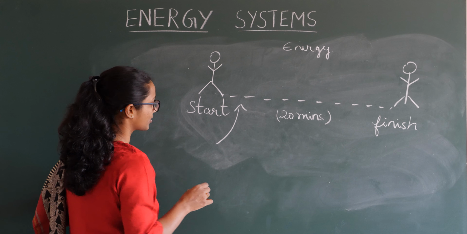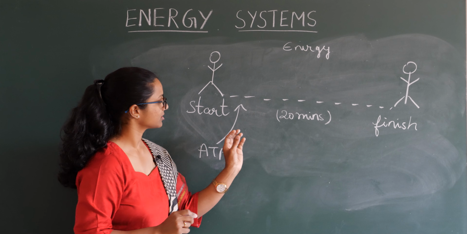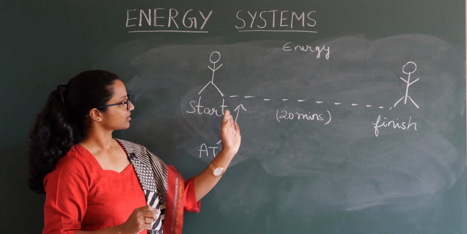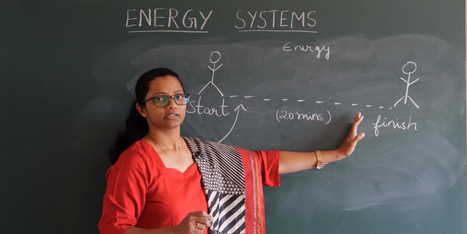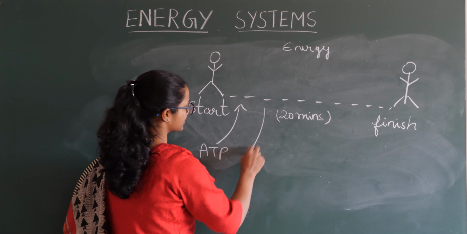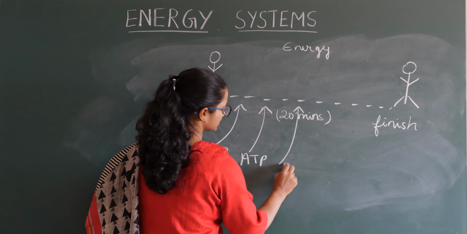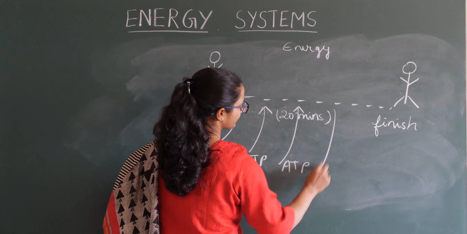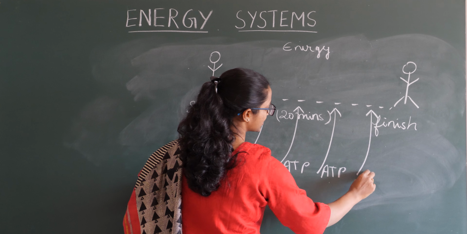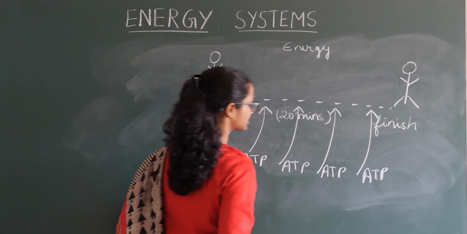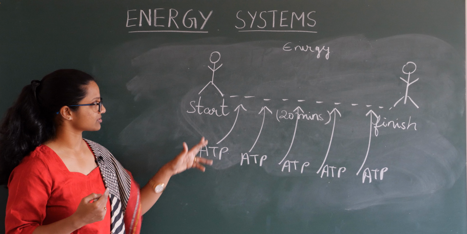So the person is walking, so continuously ATPs have to be supplied. A small amount of ATP for a prolonged period of time, a little bit of ATPs for that 20 minutes. Body is producing ATPs, it's getting used, again body is producing fresh ATPs, again it's getting used, and that is how it's happening continuously in the presence of oxygen.